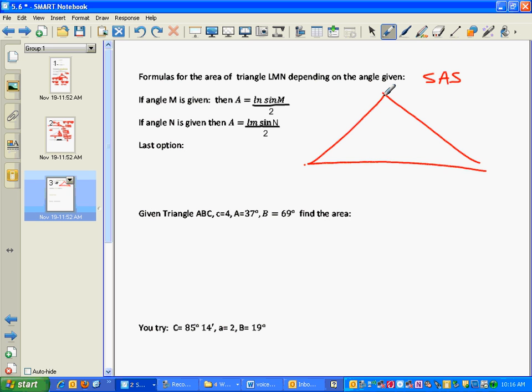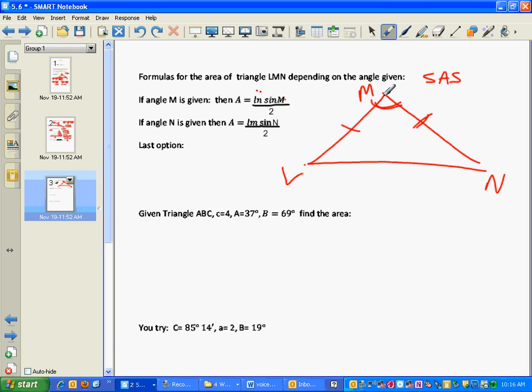Okay, if this is triangle LMN, if you're given angle M and side lengths L and N, the formula is the side length of L, side length of N, times the sine of that angle. So we're using side, angle, side. So divided by 2 gives you the area.